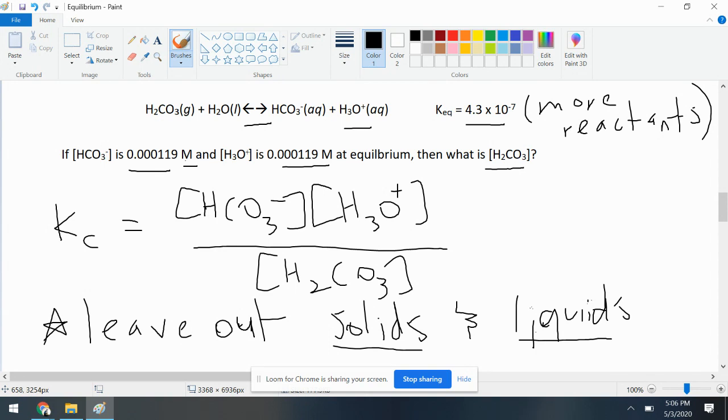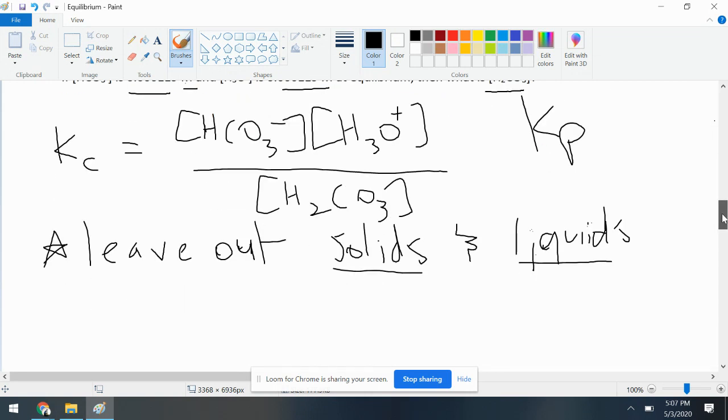Same thing when we're trying to find Kp, which is your equilibrium constant dealing with pressure. Again, solids and liquids we do not include. Please check your phase notation. Anything aqueous is concentrated. Gaseous, yes, because we're dealing with moles in a certain amount of area or container.